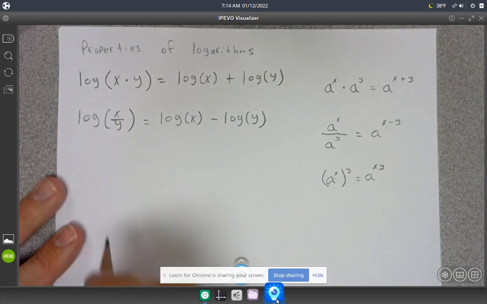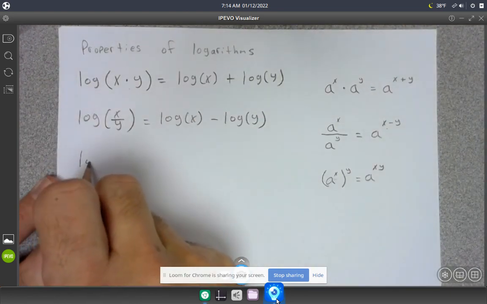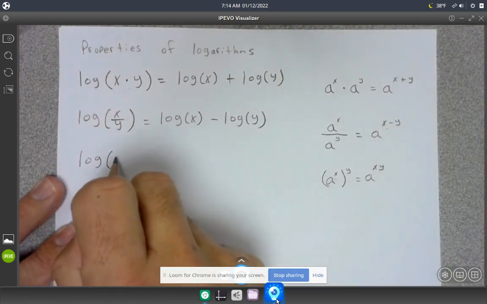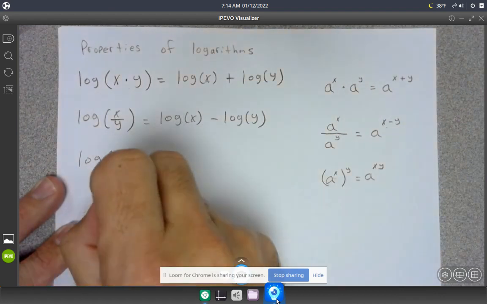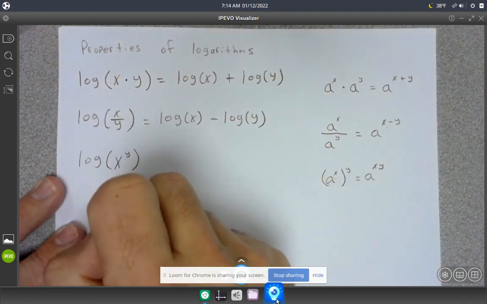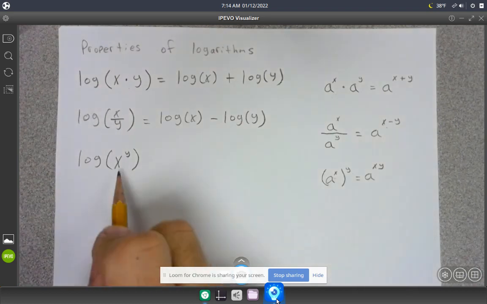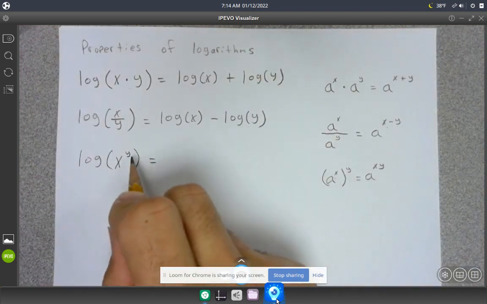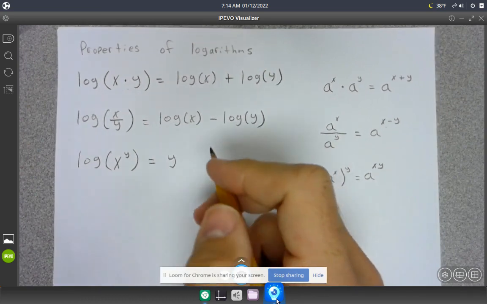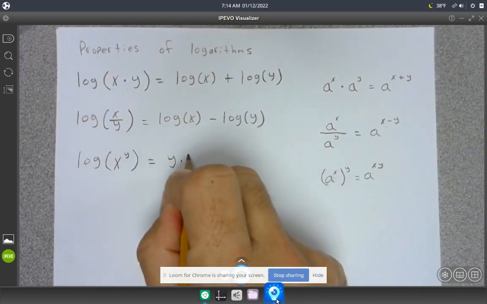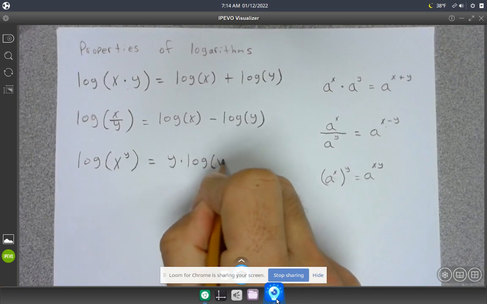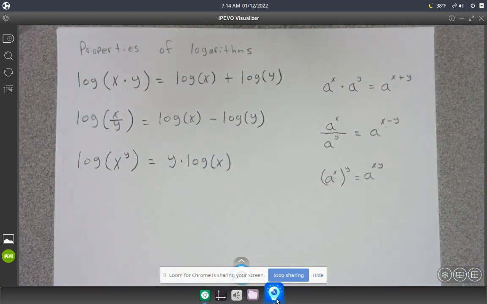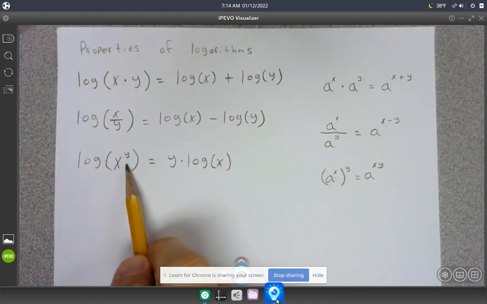And then the last one is if you have the log of something raised to some power. If you have the log of something raised to some power, you can rewrite that as whatever that exponent is, y, times the log of x. And this is just because you're basically doing repeated multiplication.